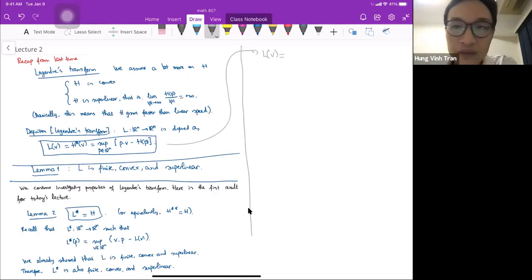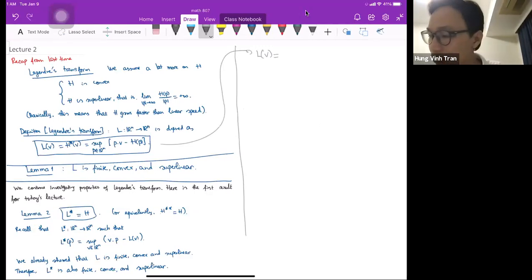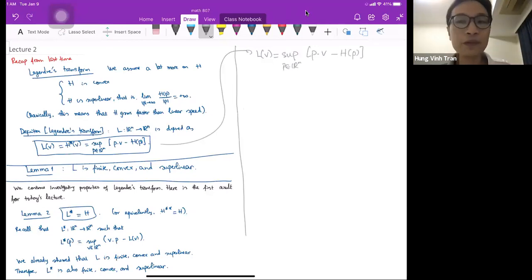For any given vector v, L(v) is defined to be the supremum over all p in R^n of p dot v minus H(p). This can be defined for general Hilbert spaces or more general structures. We are just doing it in R^n.